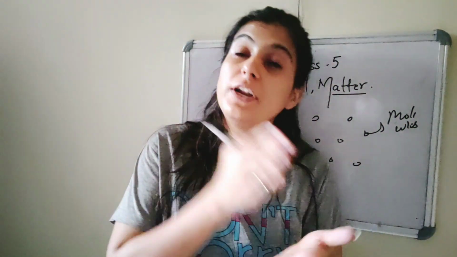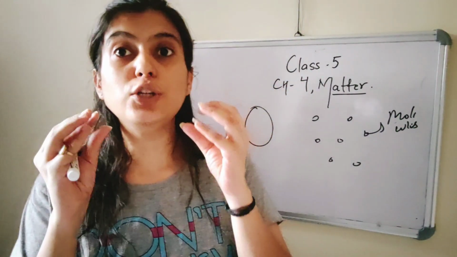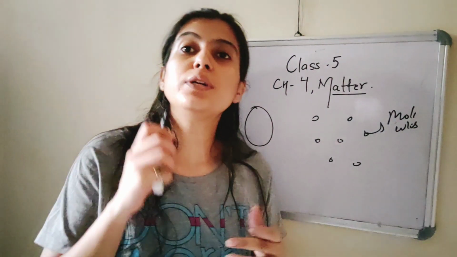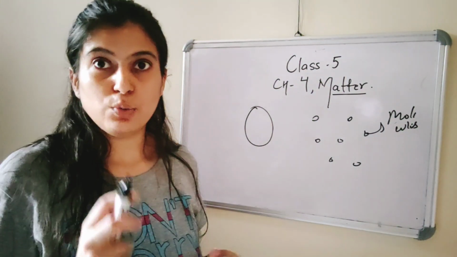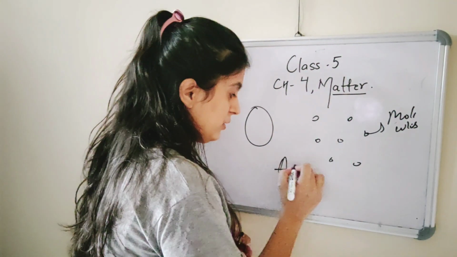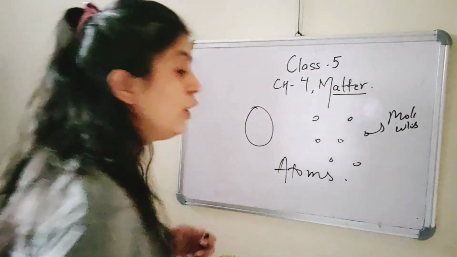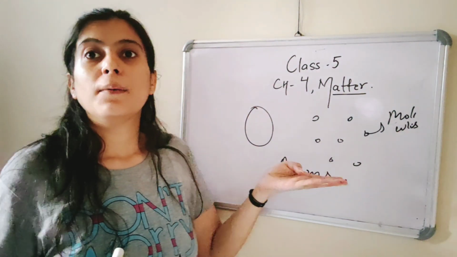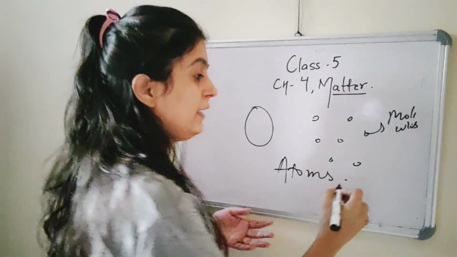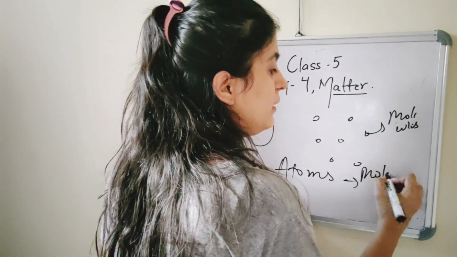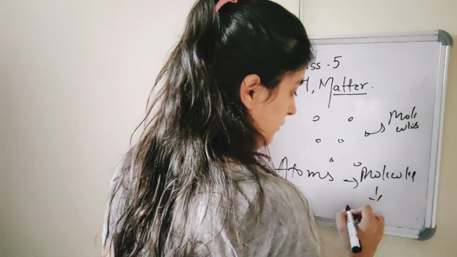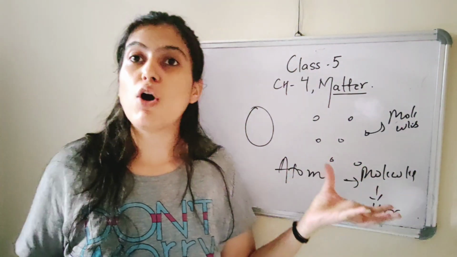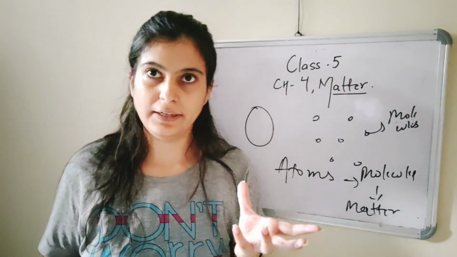A molecule is further made up of smaller units that are called atoms. You cannot see the atoms with your naked eyes. With this, we can say that atoms make molecules and molecules further make matter. So, atoms are the smallest unit of matter.